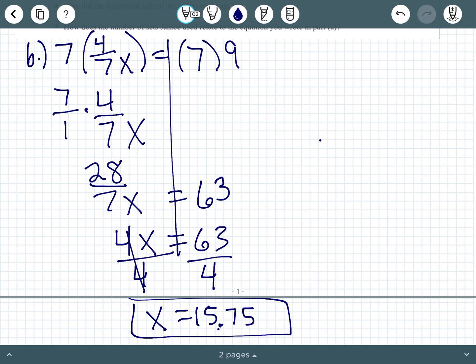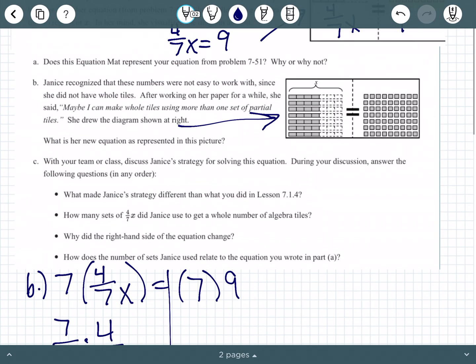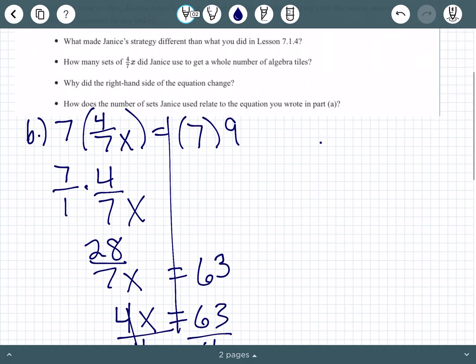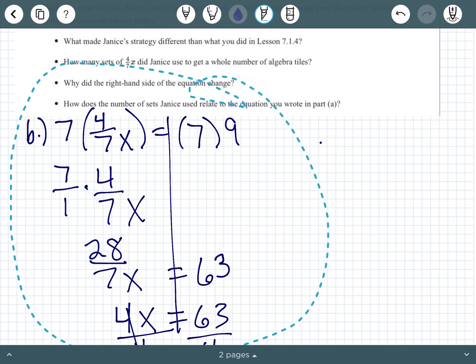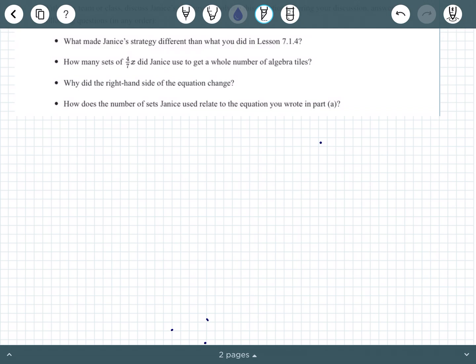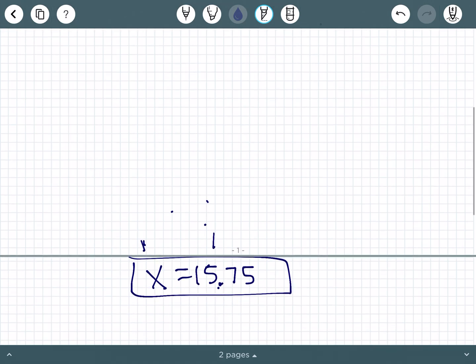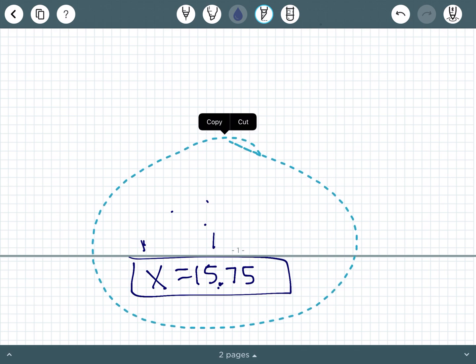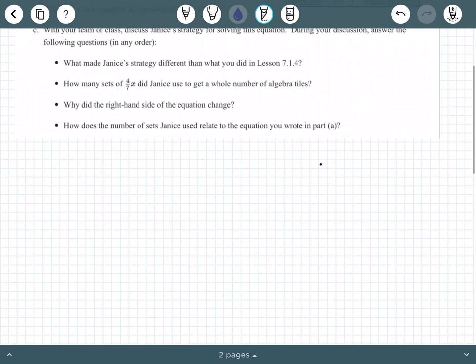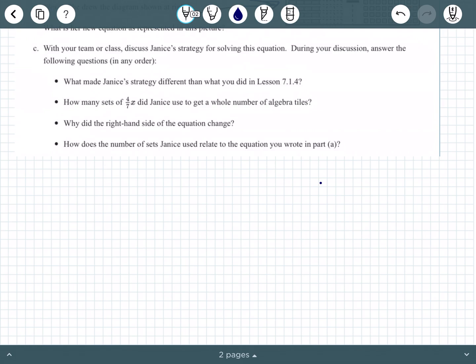Well, let's have a look at question C now. So it says, with your team or class, discuss Janice's strategy for solving this equation. During your discussion, answer the following questions in any order. All right, I'm going to go ahead and get rid of part B to make room for C. All right, so I'm just going to look at the questions from the top to the bottom.